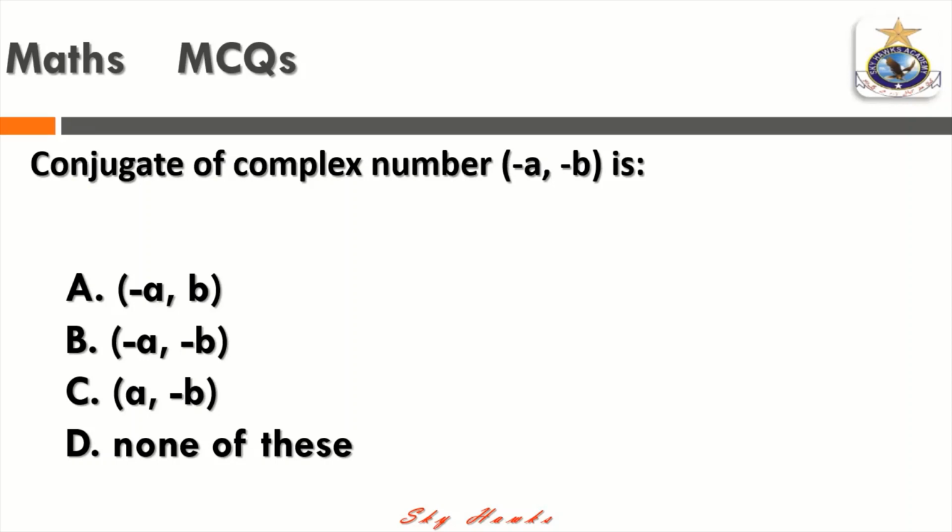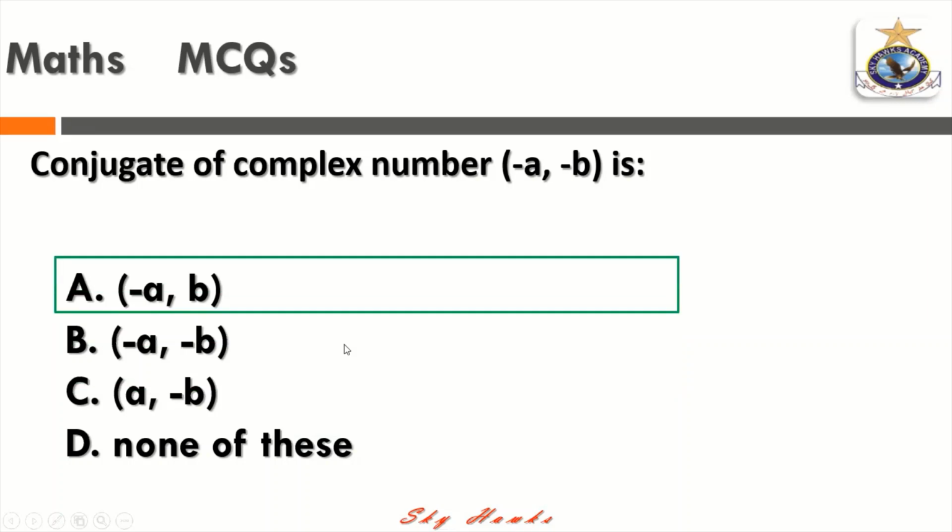Conjugate: minus A part stays minus A and positive B. Okay, yes, this time you are absolutely right. Conjugate means that we are just inverting the sign of the complex part, that is the second part, B. That was negative, here it is becoming positive. And here we have the right answer also. So, correct.